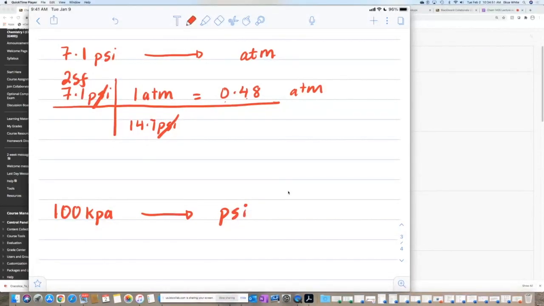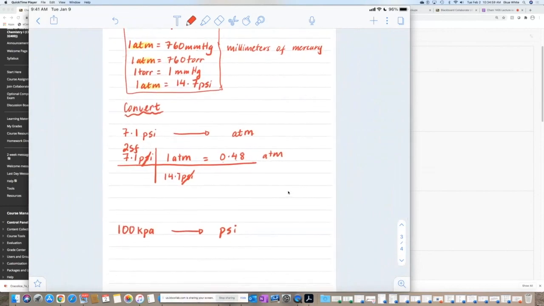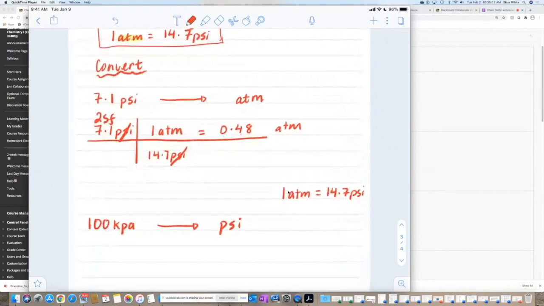So go from 100 kilopascals to psi. Let me zoom out a little bit so you can see. We're going to be using the conversion that has psi, right? So right here, we need the 1 atmosphere equals 14.7 psi. We need that conversion.